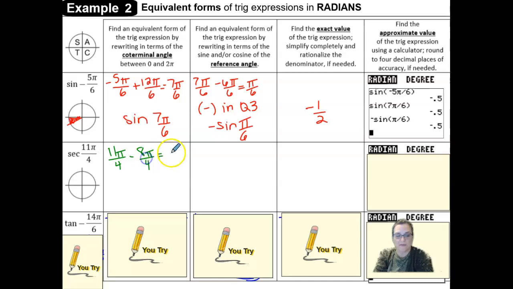And 11 pi over 4 minus 8 pi over 4 is 3 pi over 4. And half the circle is 4 pi over 4, so 3 pi over 4 is in quadrant 2.